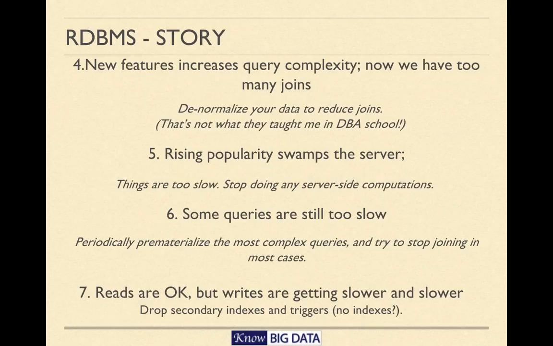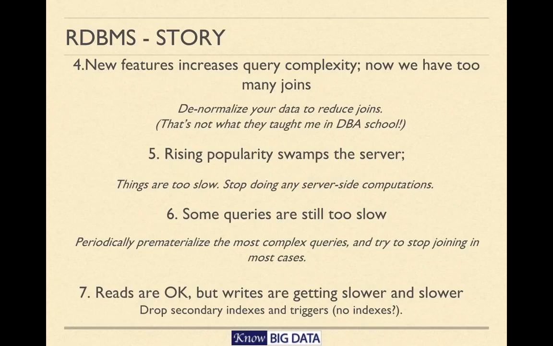And there's a reason for it, because as part of our usual DBA knowledge, we are supposed to normalize, not denormalize. Denormalization is a rare situation which no DBA is taught in school.